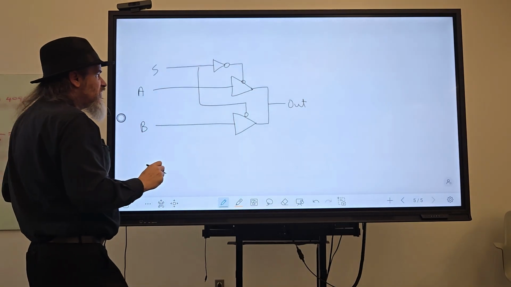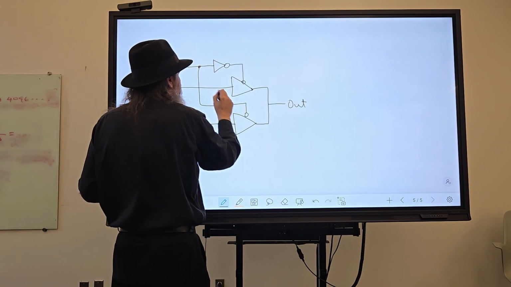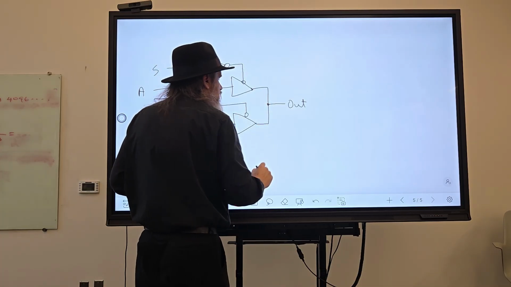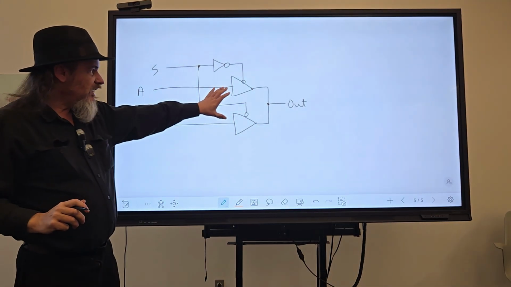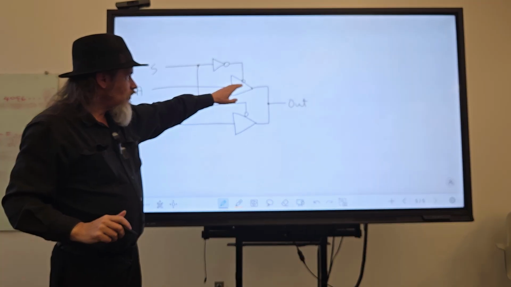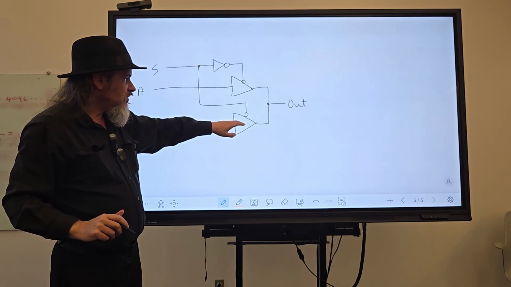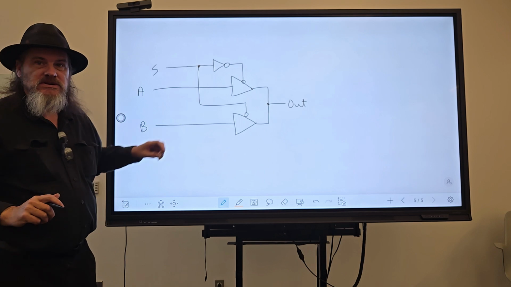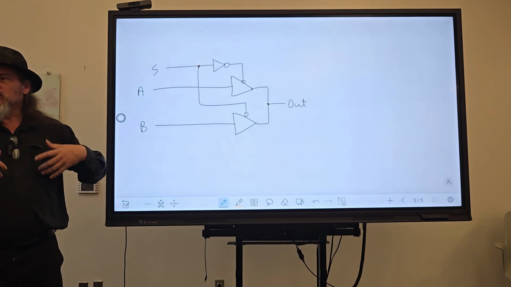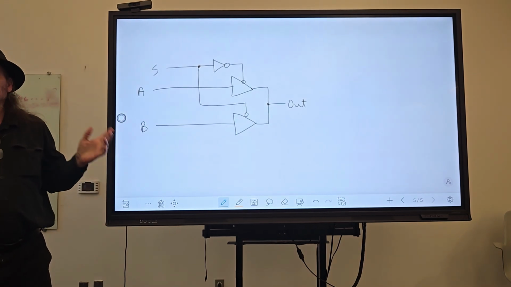Under normal circumstances, you would not connect two logic gates outputs together, because if one is high and the other is low, you create a short circuit, things start smoking, and we all know smoking is bad for you, so we don't want that.